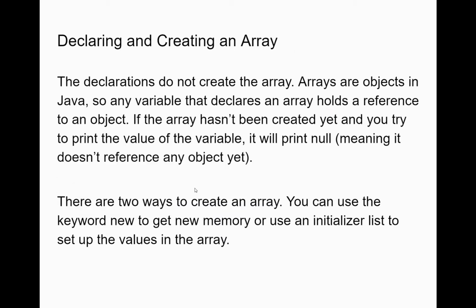So if we want to create an array, we actually have a couple different ways. I'll let you read through this if you like. They are available in the notes that are on Schoology. But what this is talking about is that declaring the array doesn't create the array. You must initialize the array as well. And there's a couple different ways that we can initialize, which is where the creation actually happens.